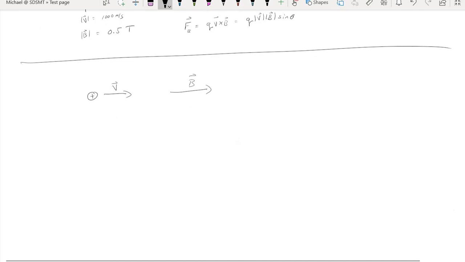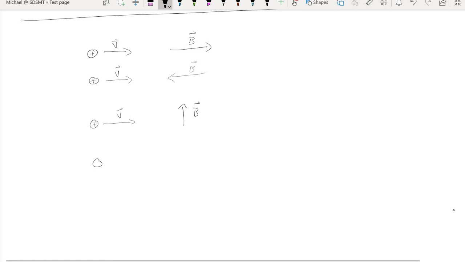So these two vectors are running parallel to each other. In the second case, we will insert our charge into a magnetic field that is pointing to the left. Then we'll take the charge and we'll insert that into a magnetic field that is pointing up. Then we'll take the charge and we'll insert it into a field that's pointing down.